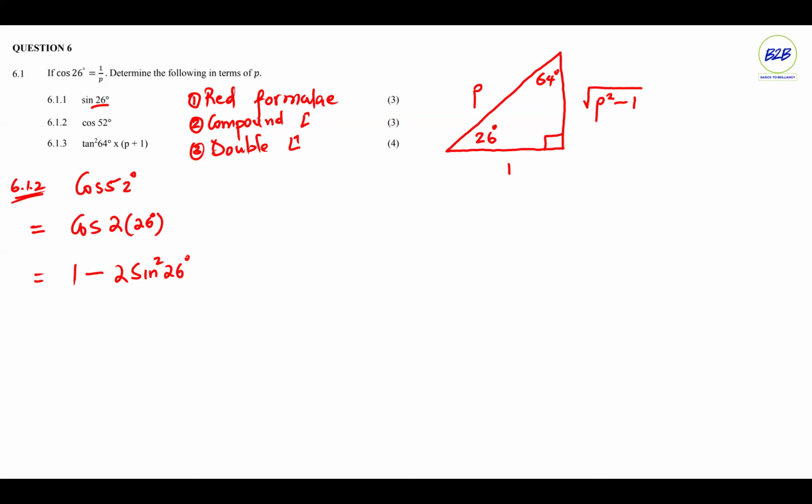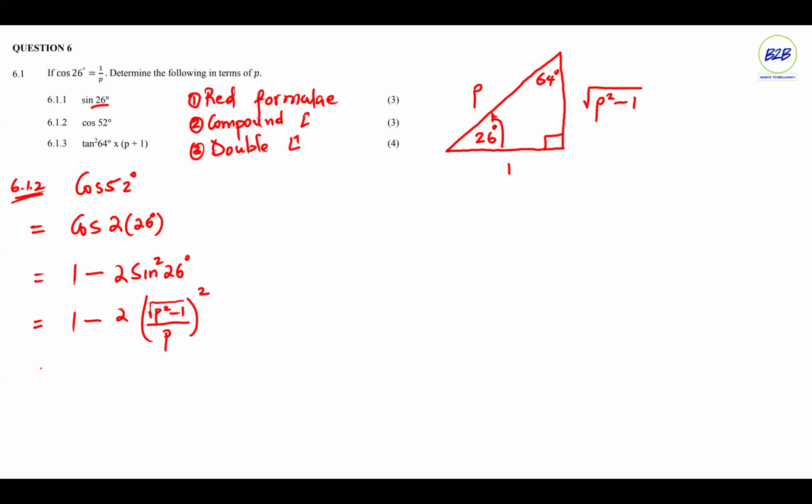Or you can use 2 cos squared 26 minus 1, or cos squared 26 minus sine squared 26. It's up to you. Then we say, okay, 1 minus 2 in the place of sine 26 degrees, we will substitute what we get from the diagram. What is sine 26? Opposite, that is the square root of p squared minus 1 all over hypotenuse, which is p.